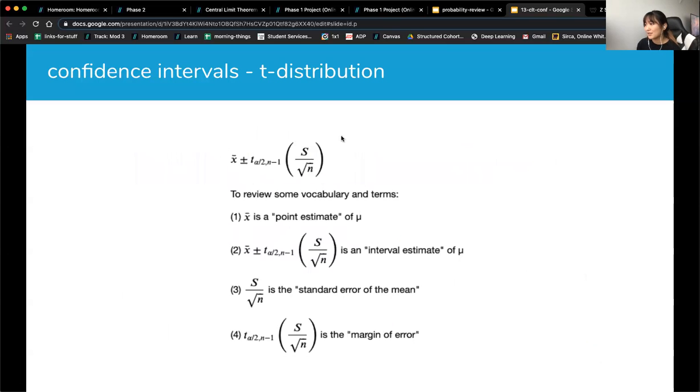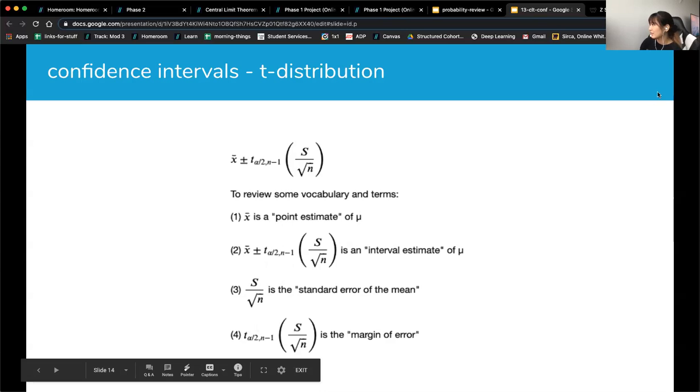Your mean plus and minus margin of error. And over here, you have your point estimate of mu, which is your mean or whatever you're trying to construct this confidence interval for. And then this part over here is your margin of error. Actually, let me draw it with some boxes.